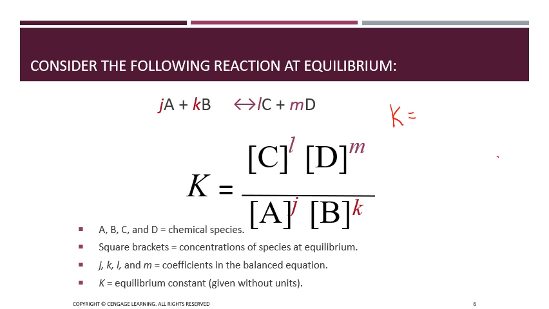So if we look at this generic reaction, jA plus kB forms lC plus mD, I can take my two products, C and D, and raise them to the powers of their coefficients. So C would be l, D would be m. A and B, again reactants, they're in the denominator. We raise them to the power of their coefficients, j and k.